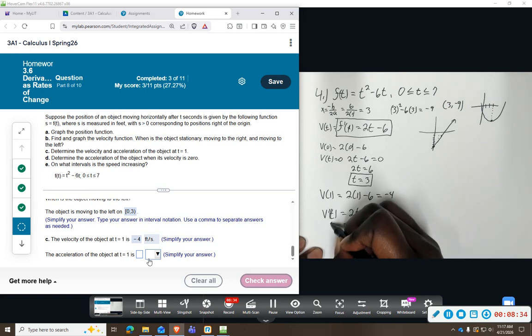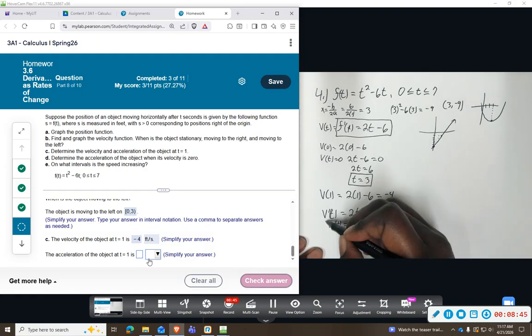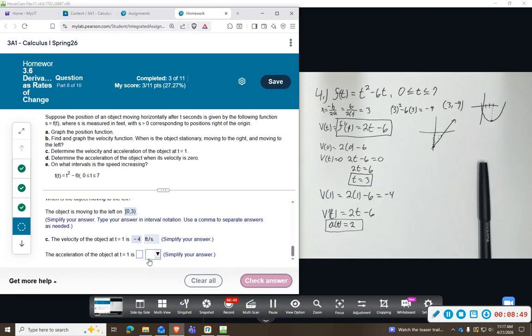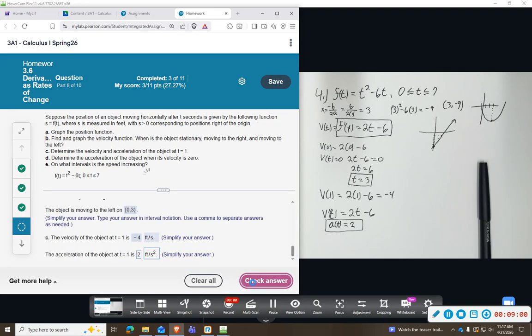So acceleration, a of t, is just equal to 2. Plugging in 1, we just get 2. It's 2 the whole time. The second derivative is in square units, so 2 feet per second squared.